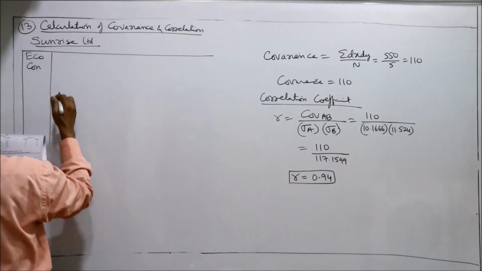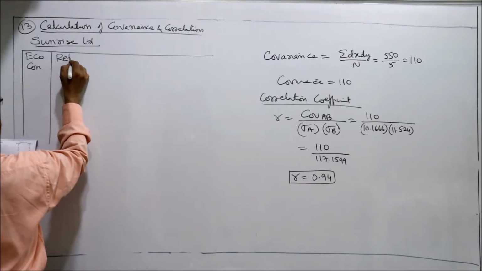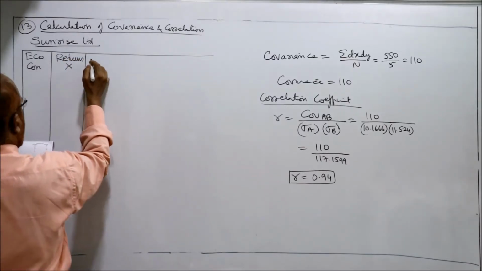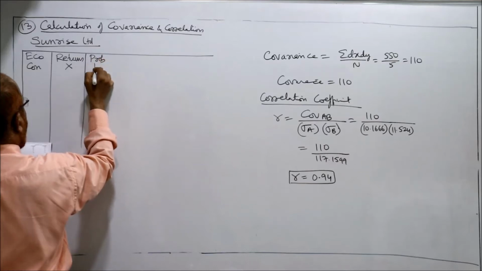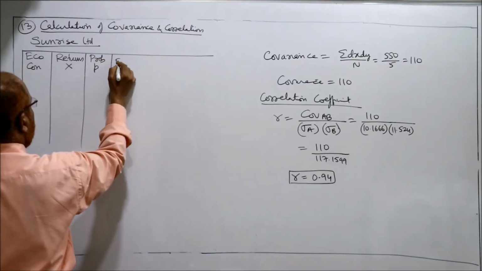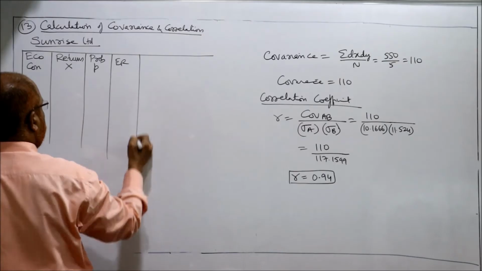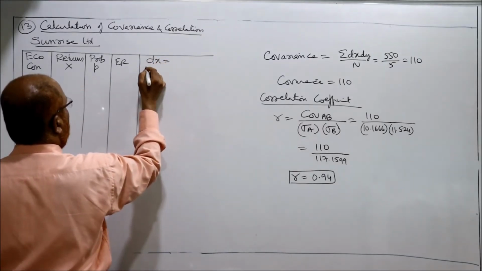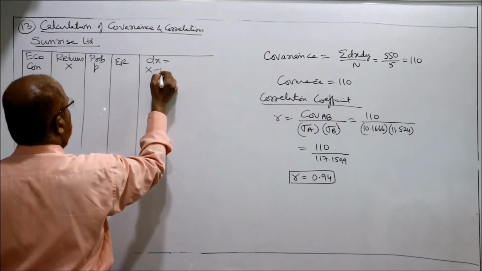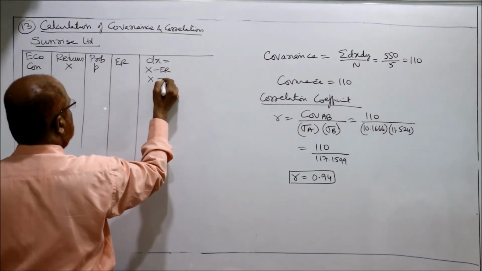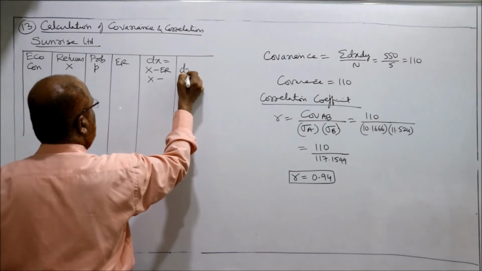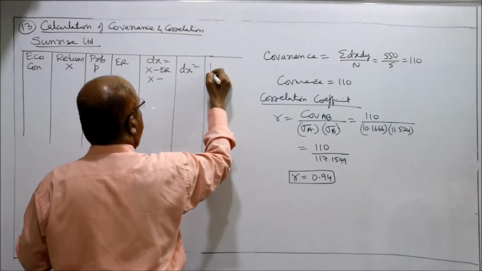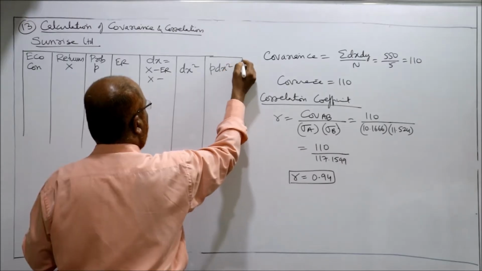Next column will take returns. Next we take probability, expected return. dx is equal to x minus ER, then dx square, last one p dx square.